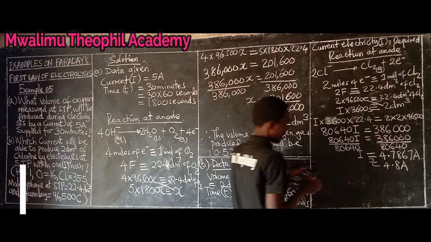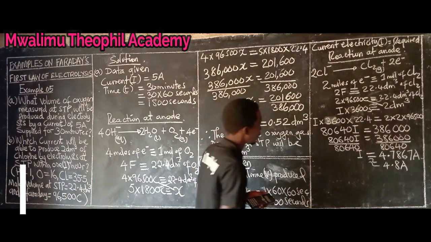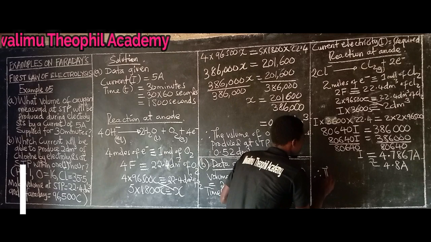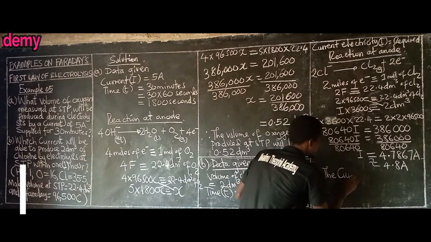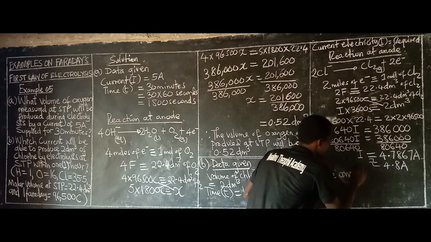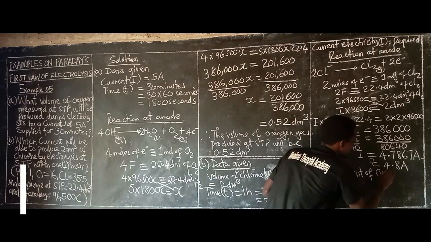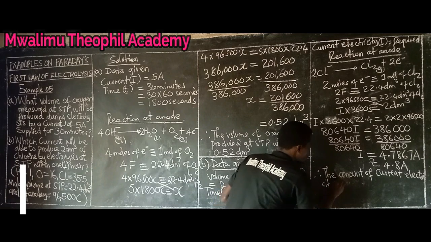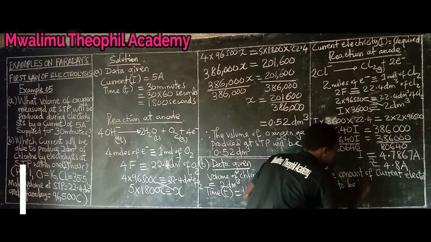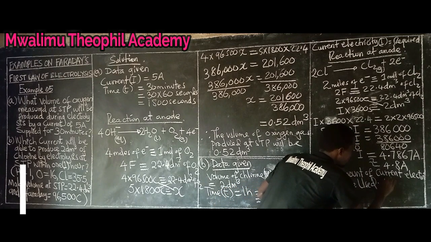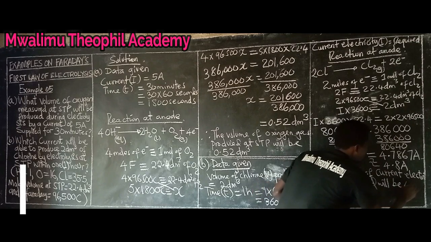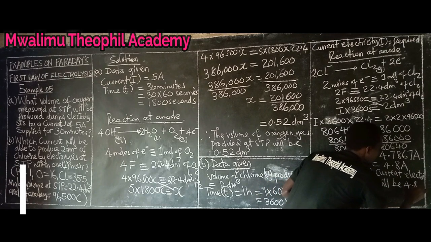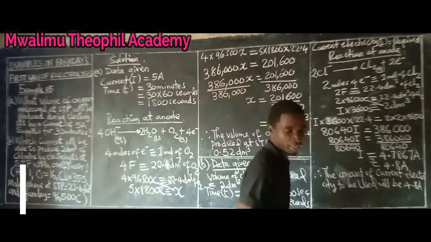This will be the current. So the amount of current electricity to be used will be 4.8 amperes.